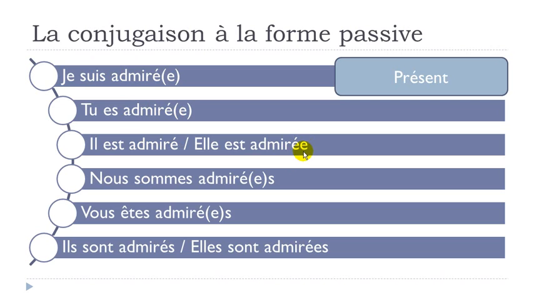Remember that we add this final e because we've got here a feminine subject, and so this final e is the mark of the feminine, so singular feminine, okay? But then if you really think about that phonetically, you don't pronounce it, so whether it's masculine admiré or feminine admirée, you will pronounce them the same way. But still, if you want to write it correctly, you should add this e.